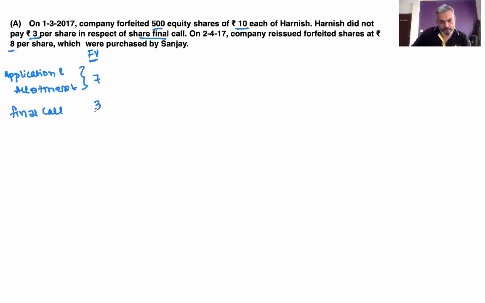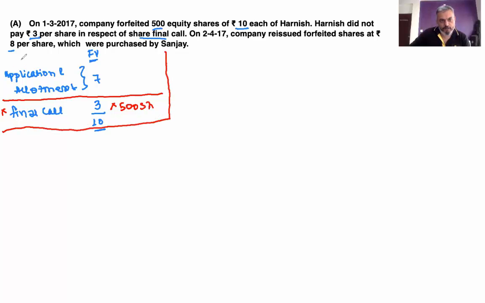Final call is rupees 3. So total 10. Now, he did not pay the final call. So this final call was not paid on how many shares? 500 shares.